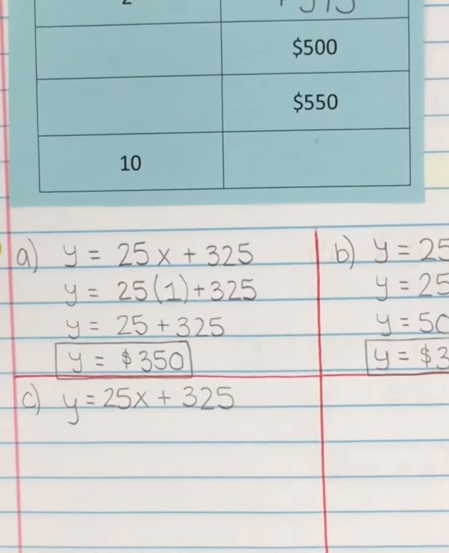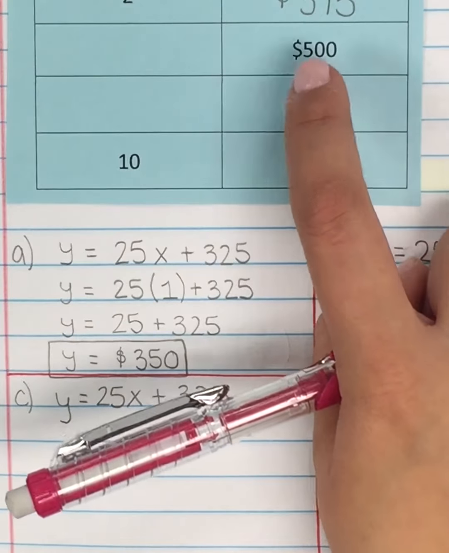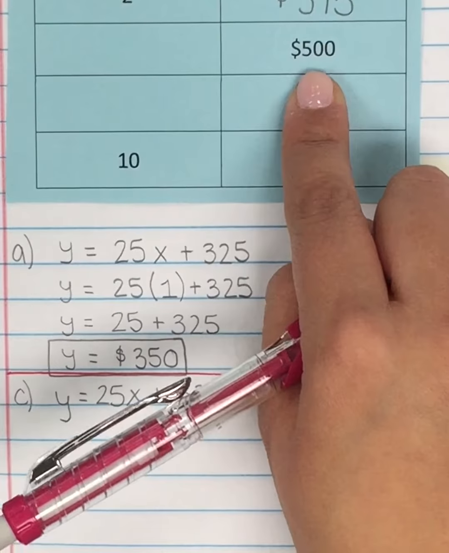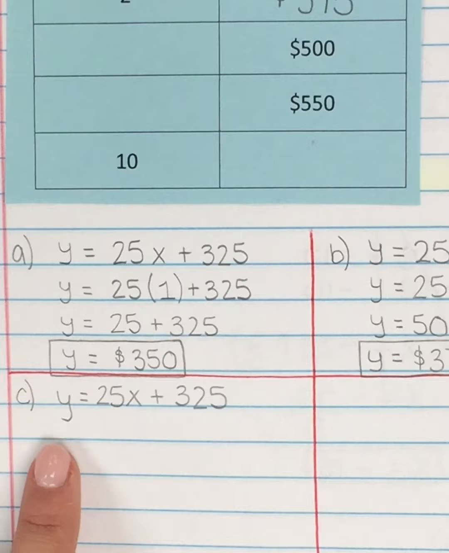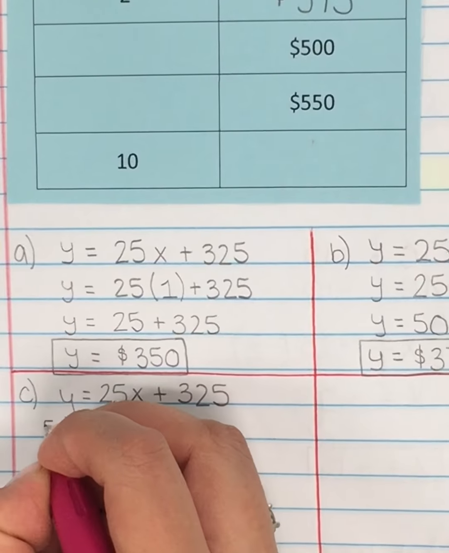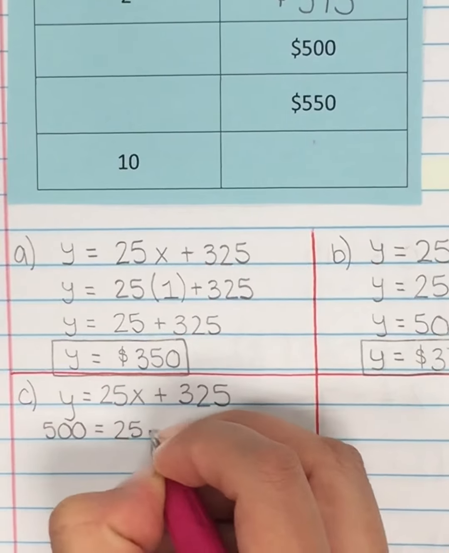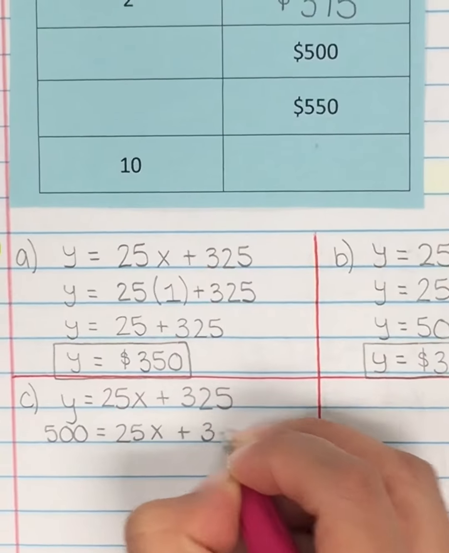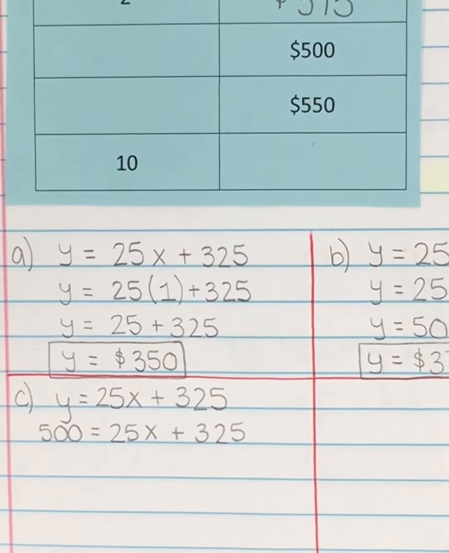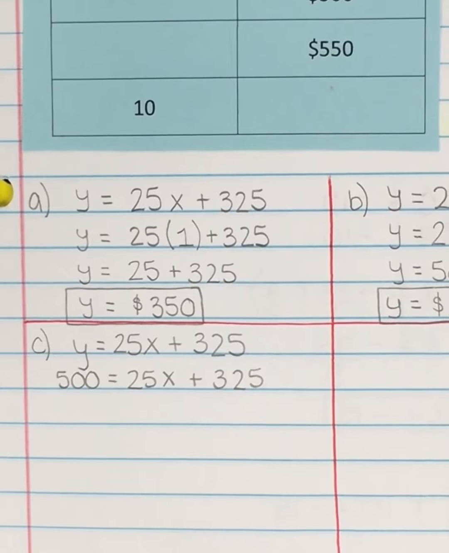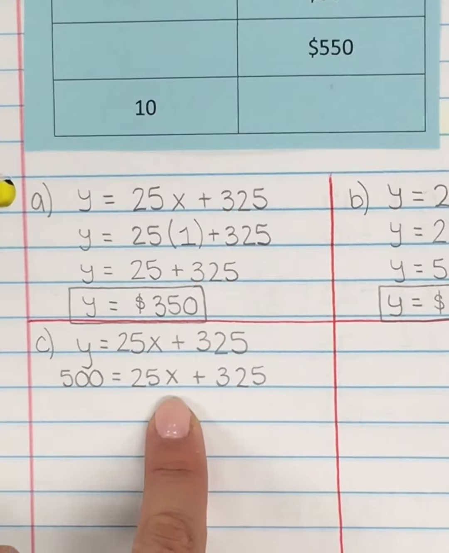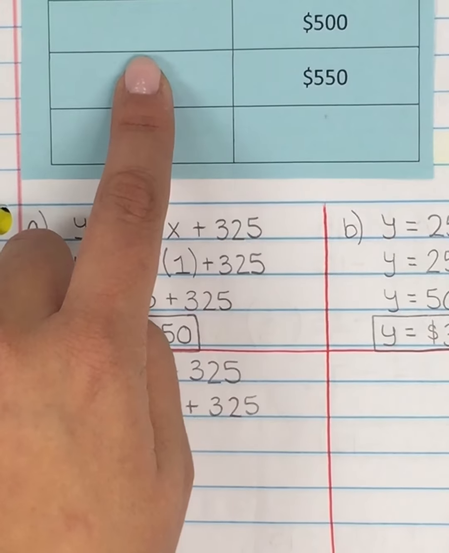And as I mentioned before, 500 is not an X. 500 is the Y value, so I'm going to substitute it for Y.